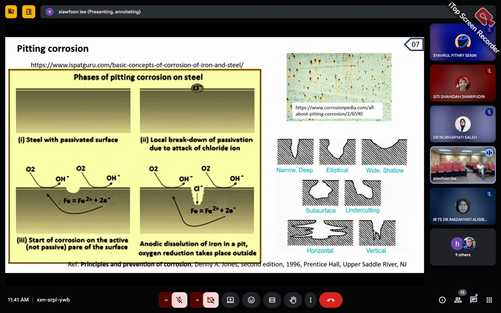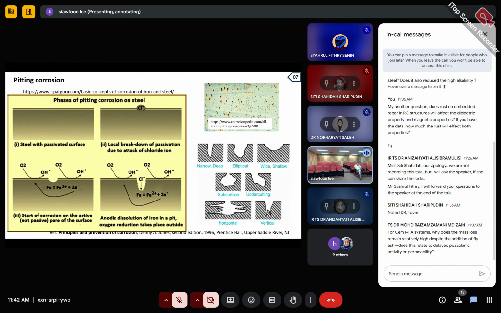People still prefer the passive film, but sometimes, like I said, in old buildings the pH will change, so people mainly focus on that. But there is still research on what happens if the rust covers the whole area of the surface. They think the rust can still act temporarily as a protection, but not long-term, because the rust itself is very porous.